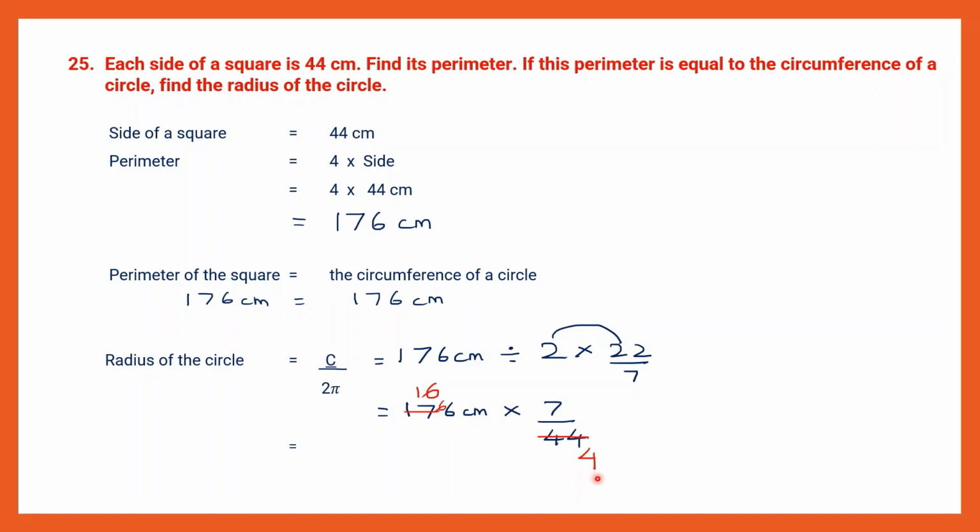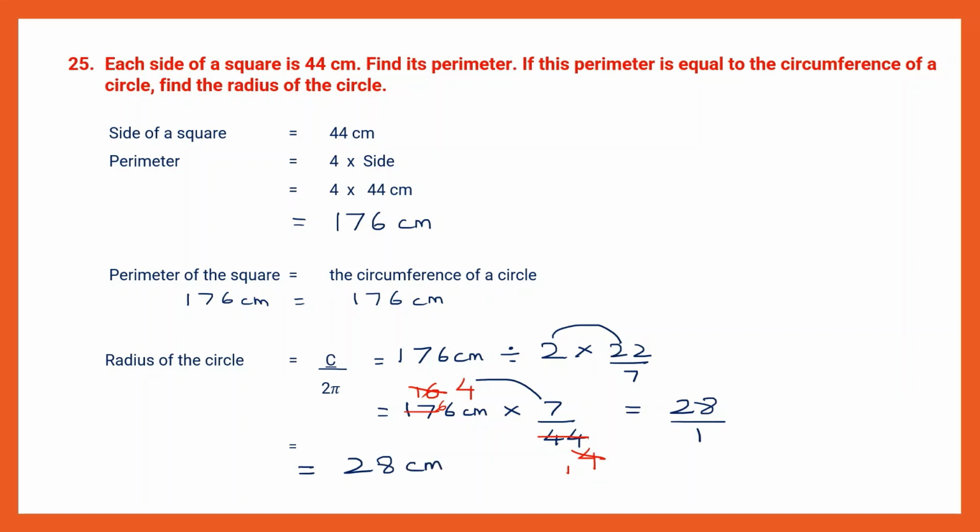I can still cancel 16 and 4, both by 4 itself. 4 ones are 4, and 4 fours are 16. That's it. I can't cancel anymore. Now I need to multiply my numerators. 4 into 7. 4 sevens are 28 and my denominator is 1. So here the radius of the circle is 28 centimeters.